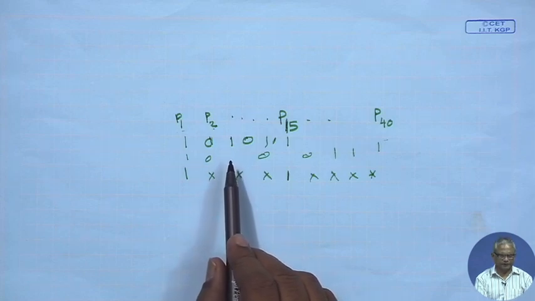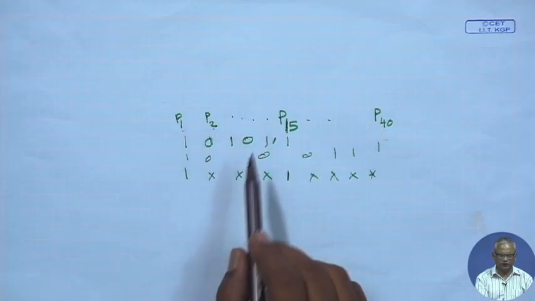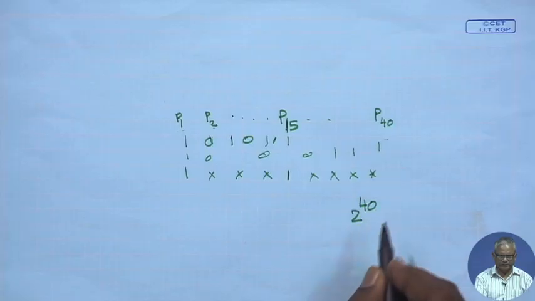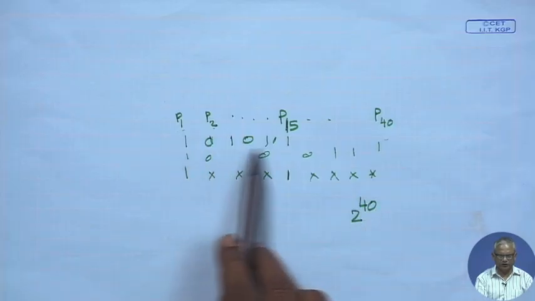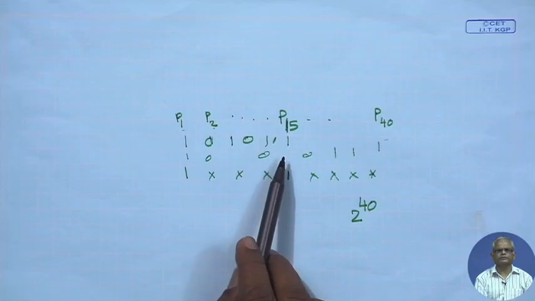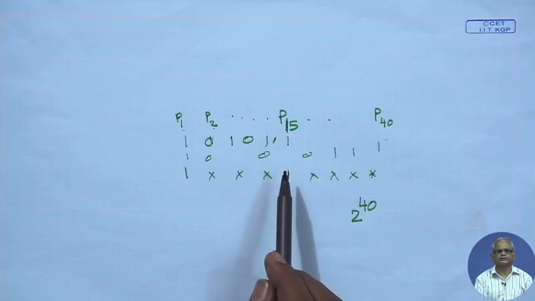less. So, for 40 parameters and each one taking 2 values, we will need 2 to the power 40 test cases for considering all possible combinations of values. But if we consider only all possible pairwise values, then the number of test cases may be 10 or 12.